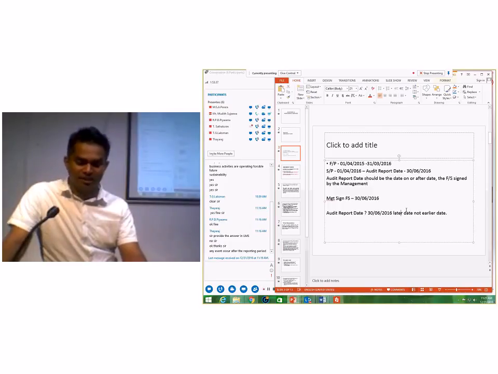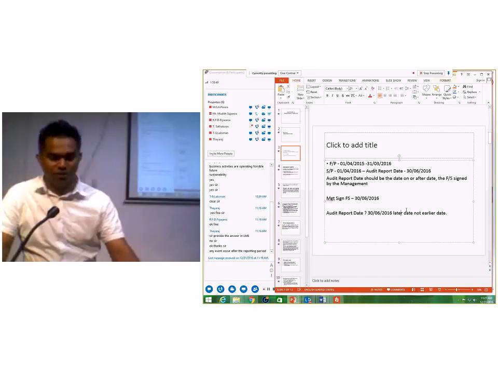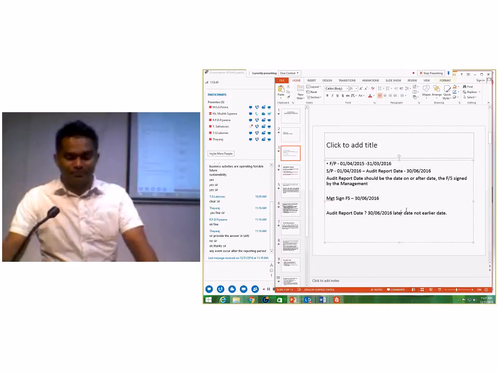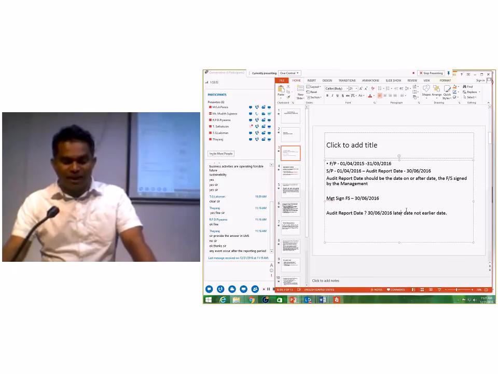Some put that, but it's all right. Most probably, practically in most cases, the audit report date is the date the management signed the accounts or financial statements, and that date will be considered as the audit report date.